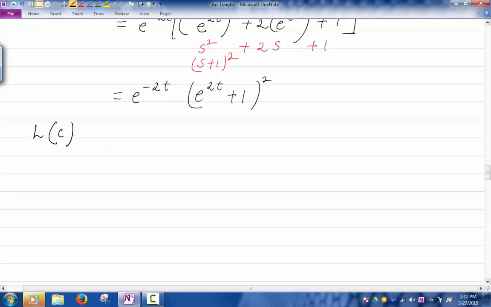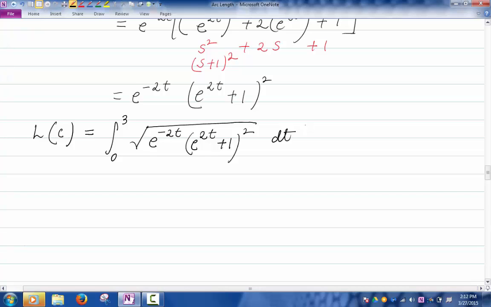The length of C would be the integral, the limits were 0 to 3, and I have the root. Now inside the root, what am I going to write? I am going to write e to the negative 2t times e to the 2t plus 1 squared dt. Is everybody okay with that?